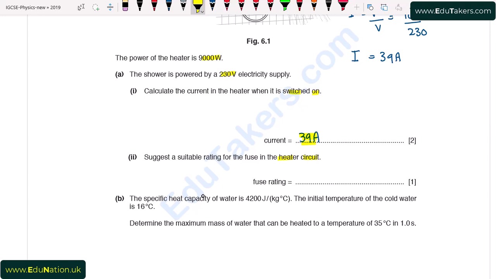If the fuse rating is less than this value, then the fuse will melt for no reason. That's why the fuse rating must be greater than 39 ampere. So I write here, fuse rating should be greater than 39 ampere, and I suppose that is 40 ampere.